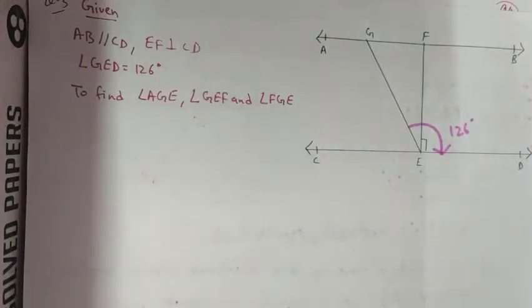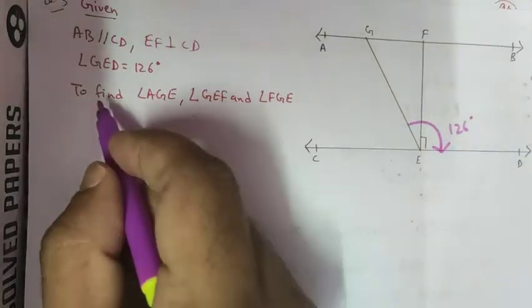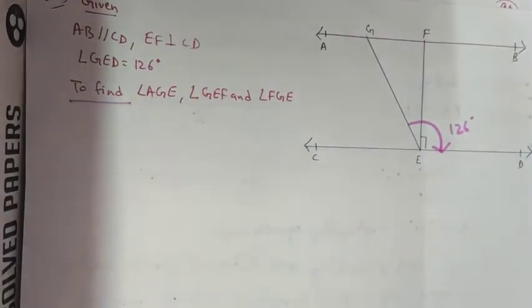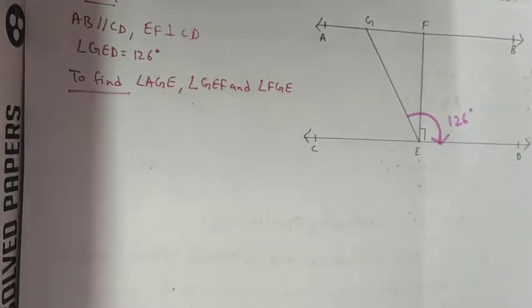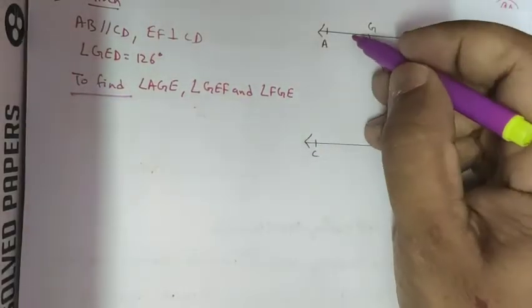In question number 3, it is given that AB is parallel to CD, EF is perpendicular on CD. So if EF is perpendicular to CD, it will also be perpendicular to AB, but it is not given. And angle GED is given 126. We have to find angle AGE, GEF and FGE. So first of all, angle AGE.